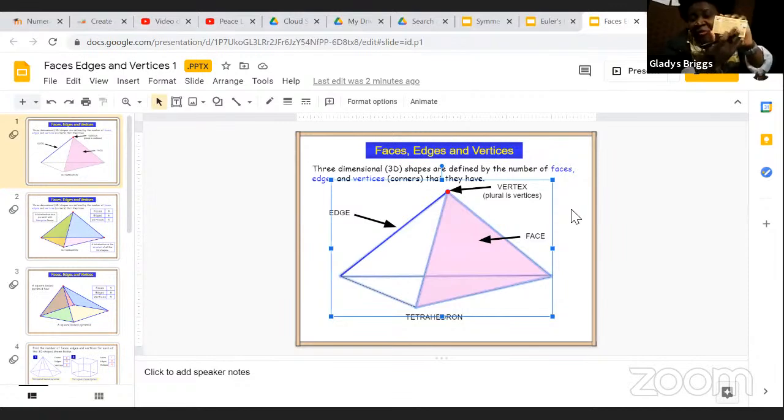Look at the picture of my video. This is a cuboid. It's a matchbox. A matchbox would be a cuboid. And this would be the face, this face, this face, and the other faces on the sides. And these would be the edges. And this would be the vertices where the lines meet in the middle. That would be the vertex.